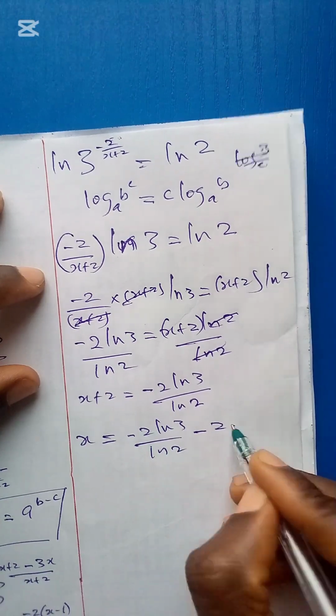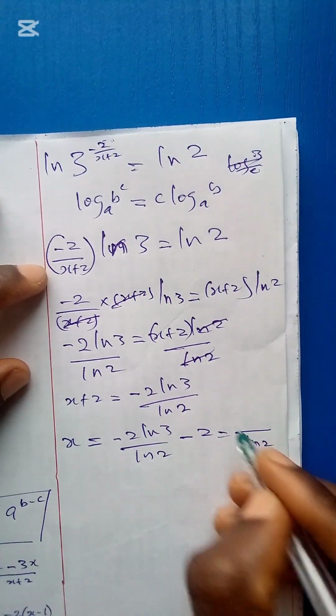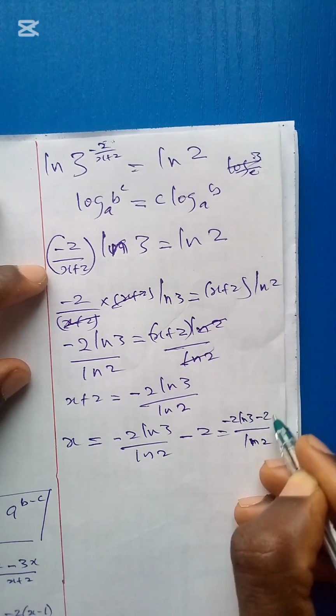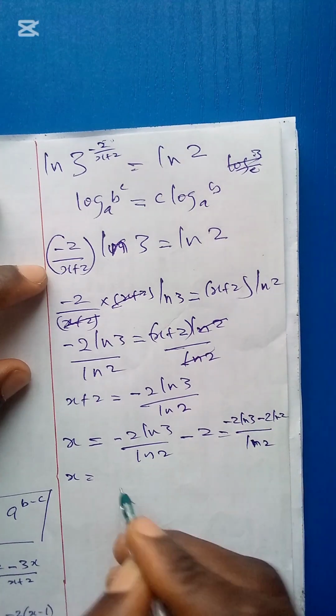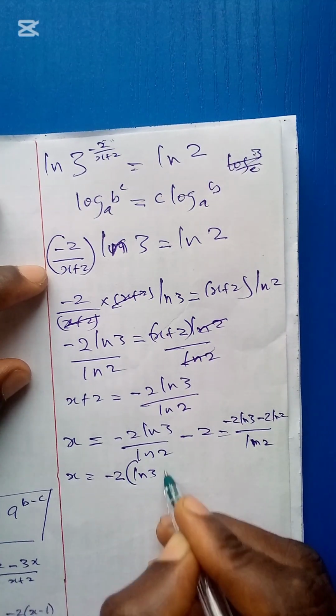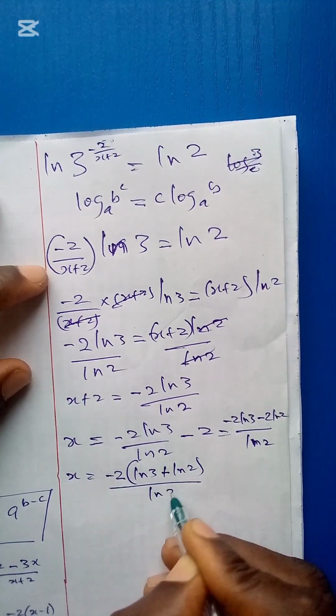Let me convert this into a single fraction. ln2 is the LCM. So I have here minus 2 ln3, then minus 2 ln2. So x equals to, I can factorize minus 2 out, I have minus 2 times ln3 plus ln2 all over ln2.